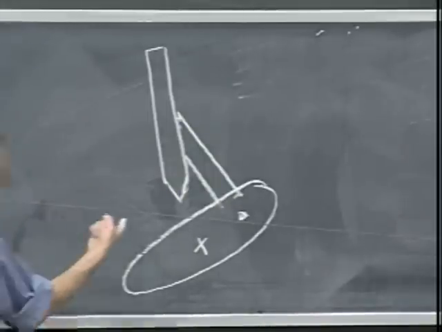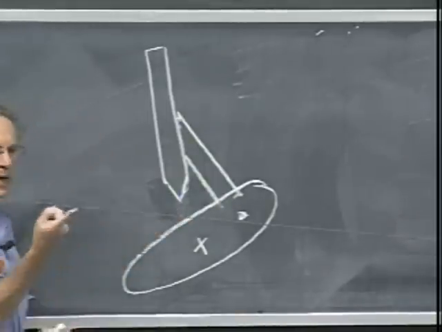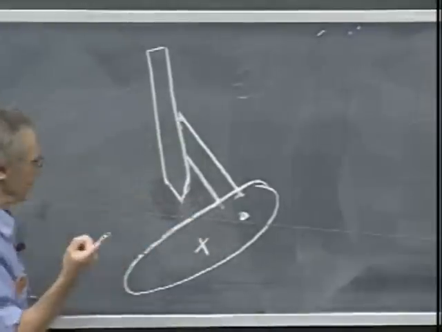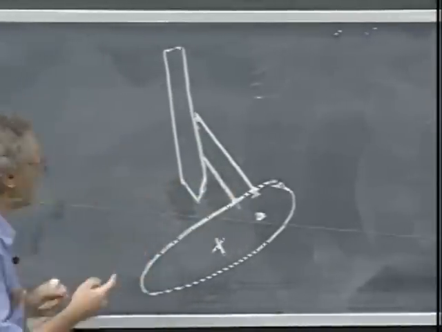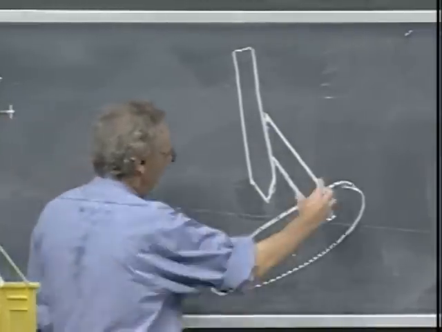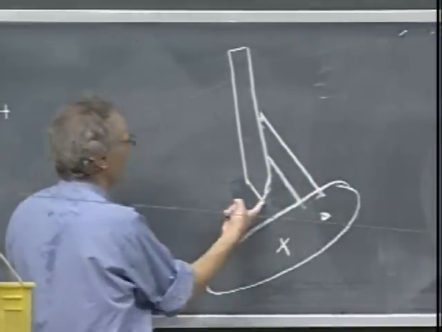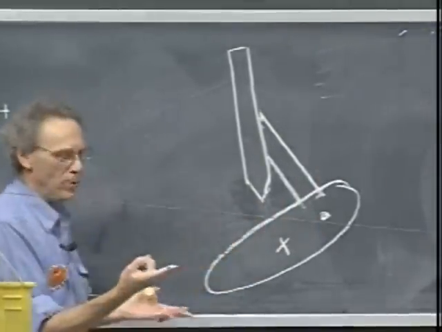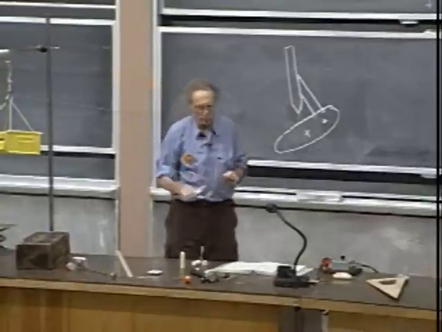And so if now I put my finger here, I can balance this rather strange object, and it will be completely stable. It will arrange itself so that the center of mass will fall below my finger, and it will be completely happy. And I want you to see that.